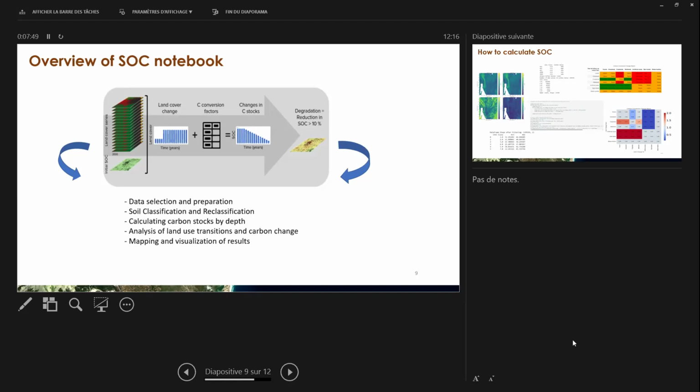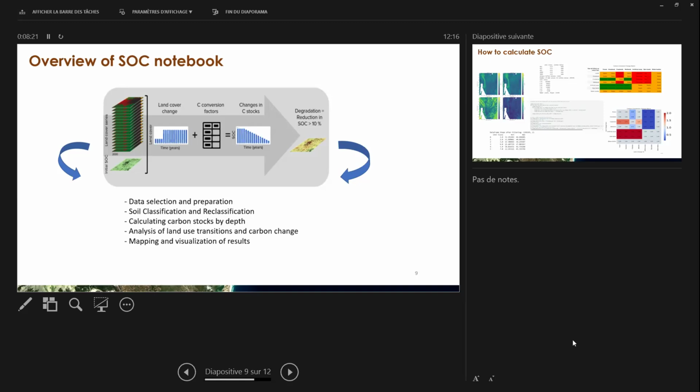Then, by using a matrix and a factor called F, which is related to the climate regions indices or values, this will help to have an idea about the changes in the carbon stocks, and finally based on two time periods of the study, which are the target period and the baseline period.